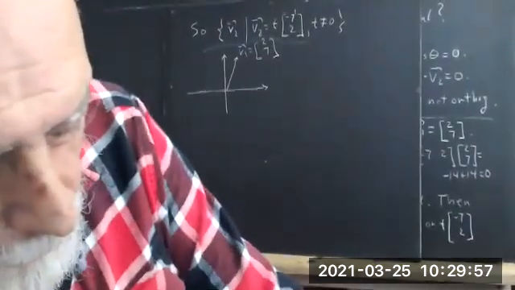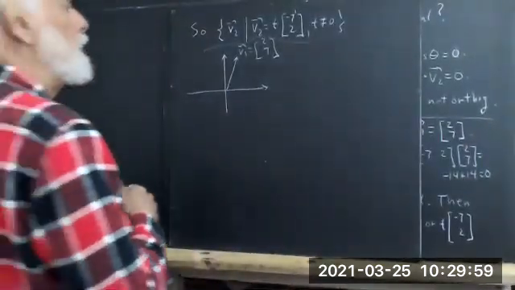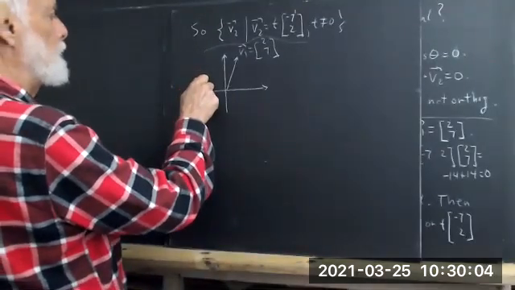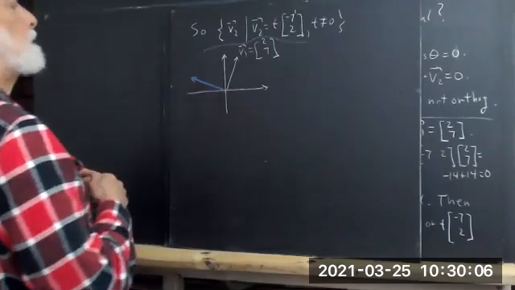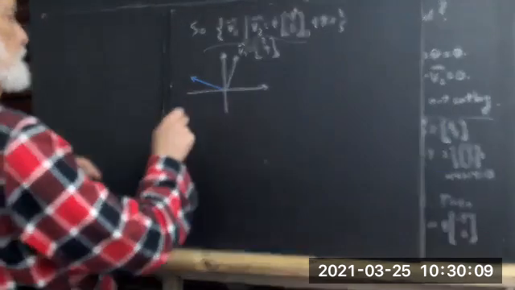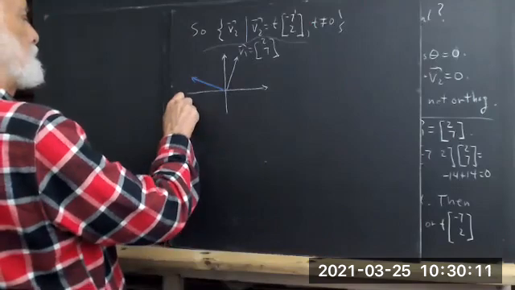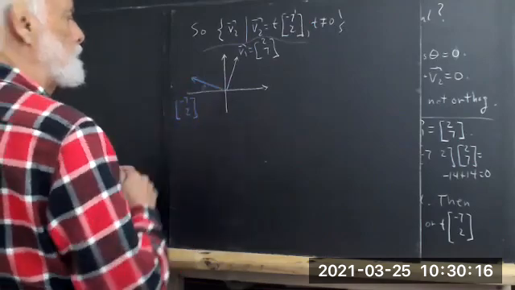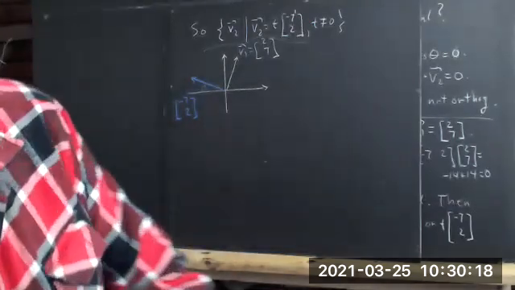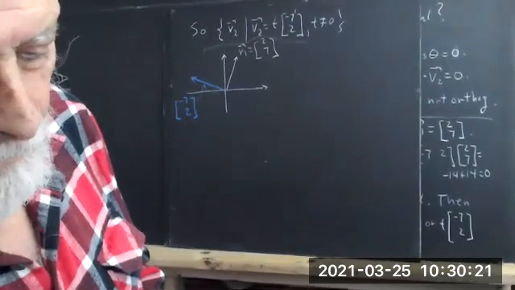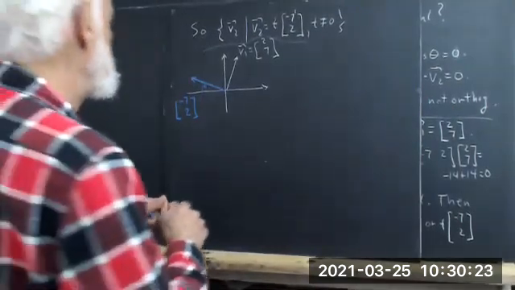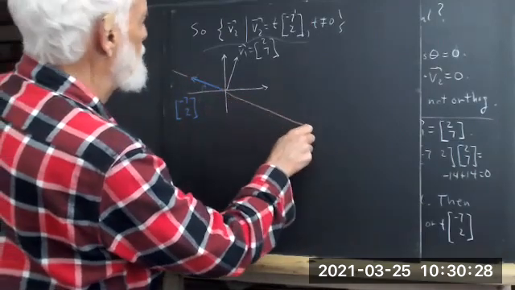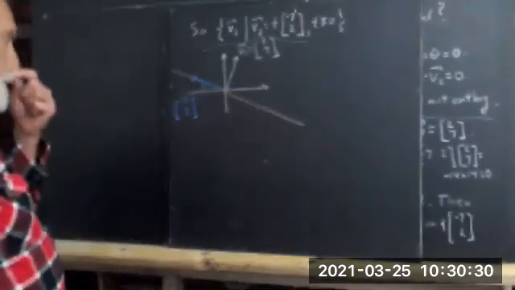And where's my blue chalk? So that's what I usually use. Okay. Well, -7, 2 would be like here. And the set of all multiples of -7, 2 is here.